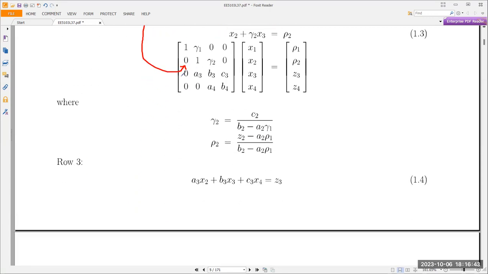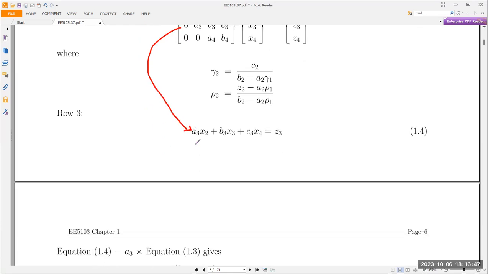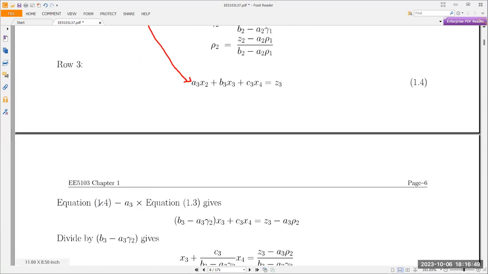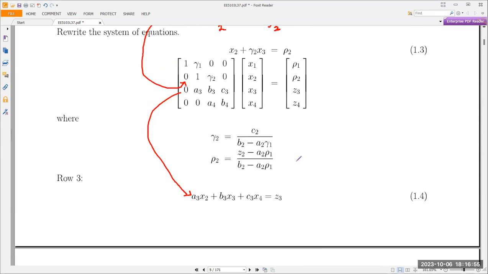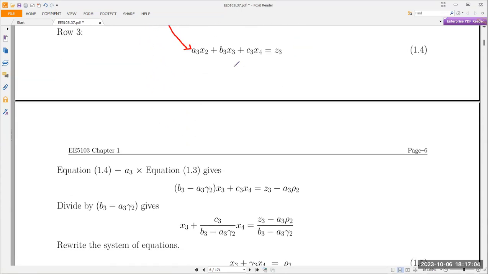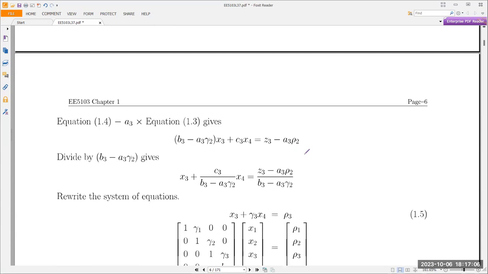Then row 3, you take row 3 and write it down. After that, you take equation 1.4, which is row 3, minus A3 times equation 1.3. Equation 1.3 is this. You take this equation minus A3 times this equation, and you get this.